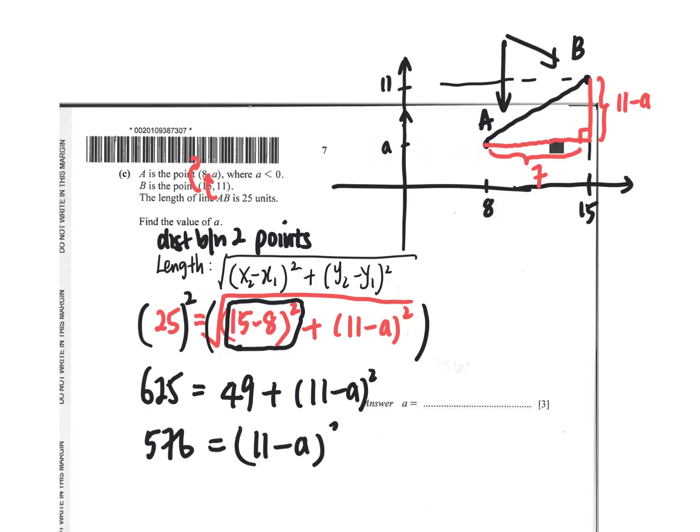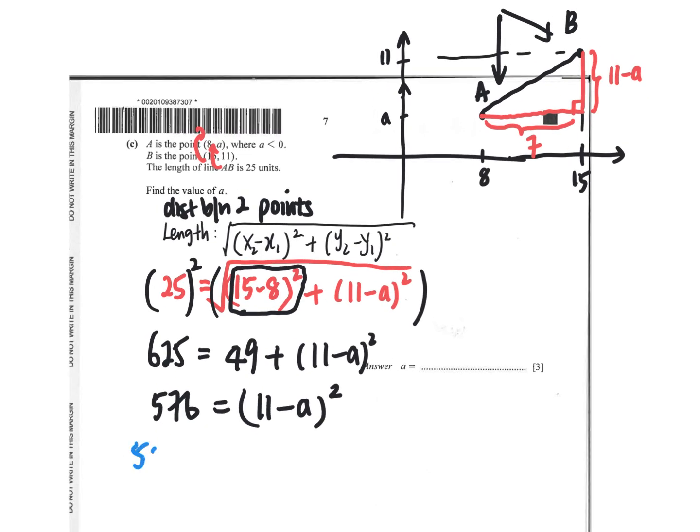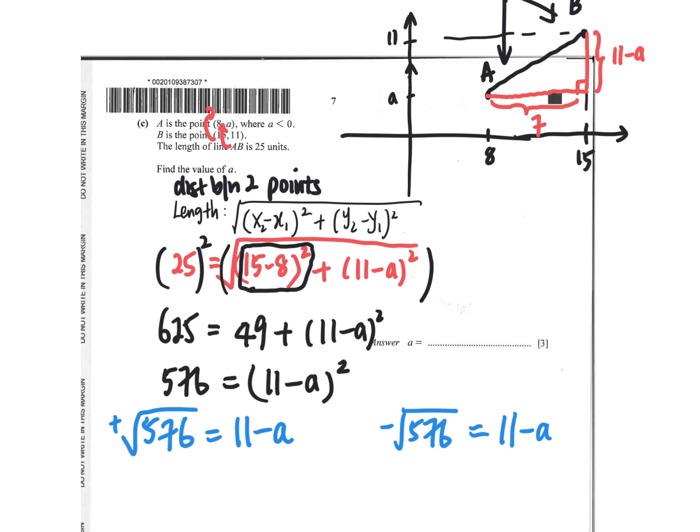So how to solve for A? You can square root both sides. So the square root of 576 is 11 minus A. With square root, you always have 2 answers, one positive, one negative. The square root of 576 gives a nice number, 24.